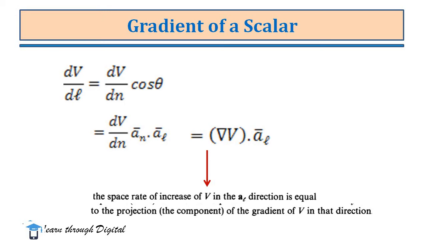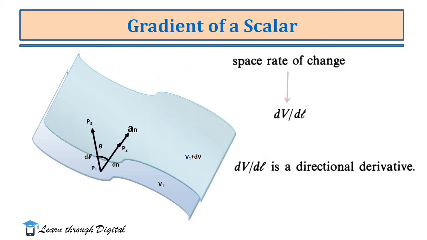From the illustration, we can write directional derivative dV by dl is equal to dV by dn cos theta. The theta is the angle between the two lines along P2 and P3. These are the two lines joining at point P1, making an angle theta.